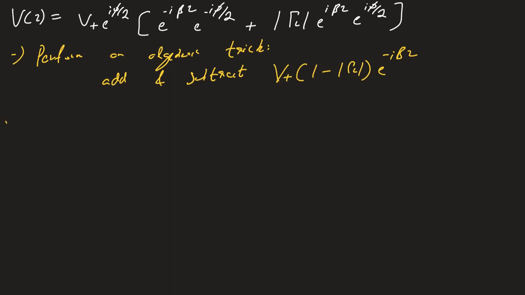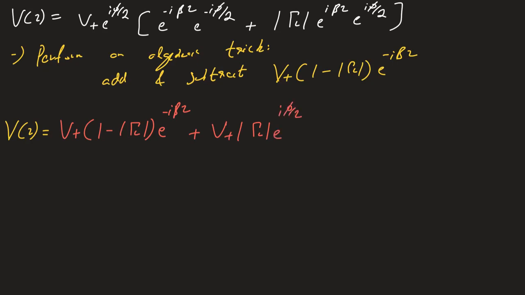If you do that, what you get is that v of z becomes equal to V plus times 1 minus mod gamma L e to the minus iota beta z plus V plus mod of gamma L, okay, e to the iota phi by 2.